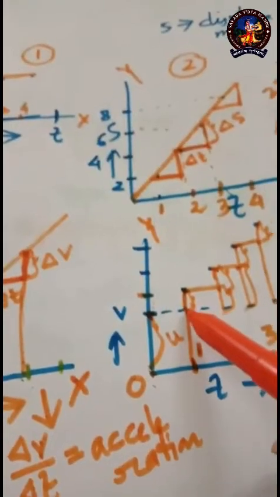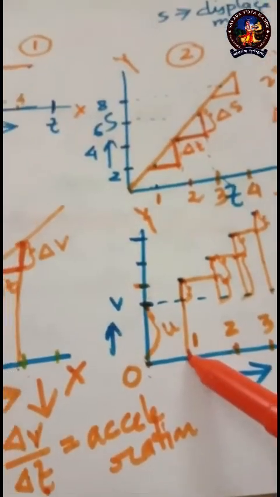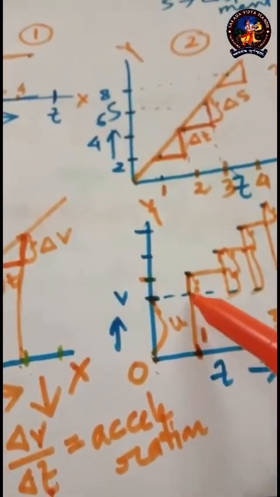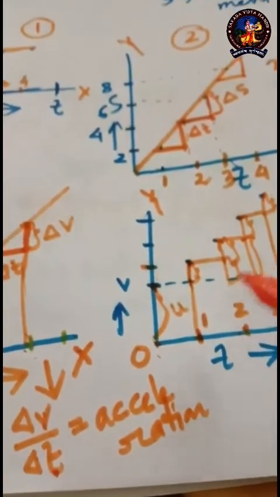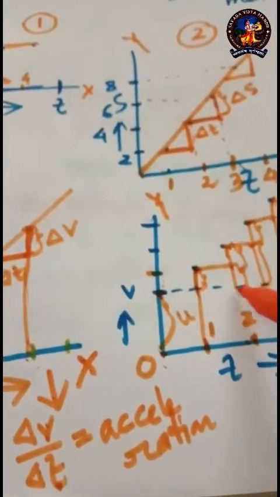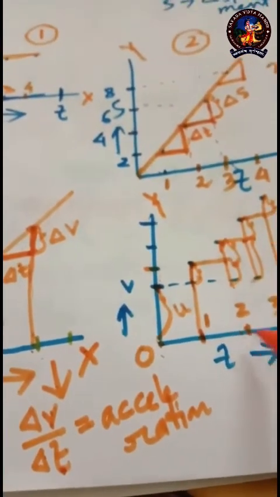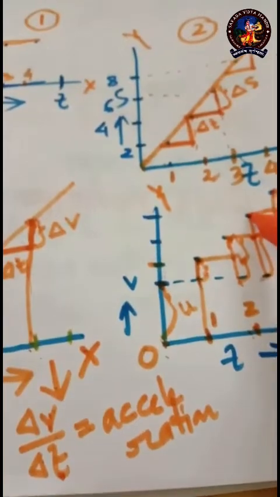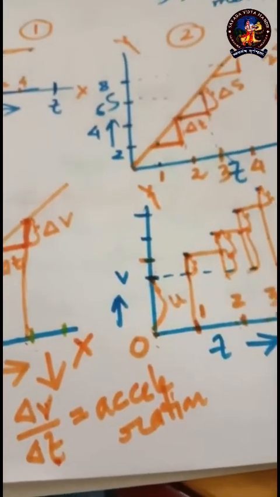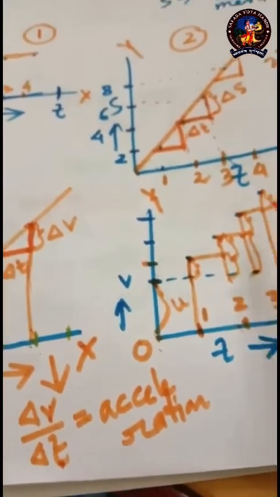then initially the velocity was u. So after 1 second, what will the velocity be? u plus a. After 2 seconds, what will be the total velocity? u plus 2a. After 3 seconds, u plus 3a. After 4 seconds, u plus 4a.